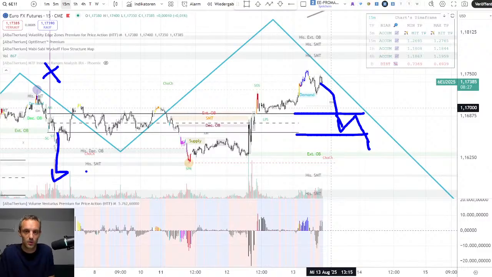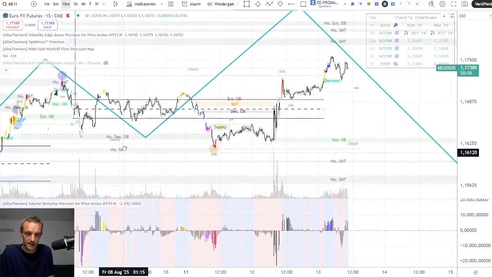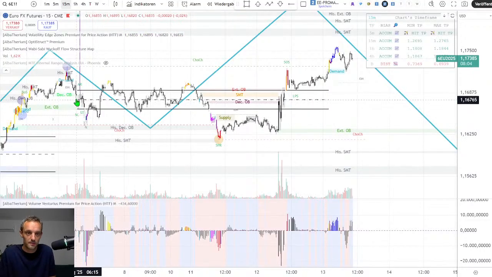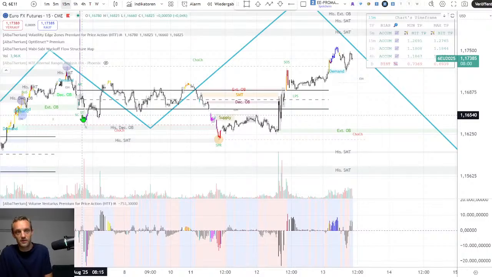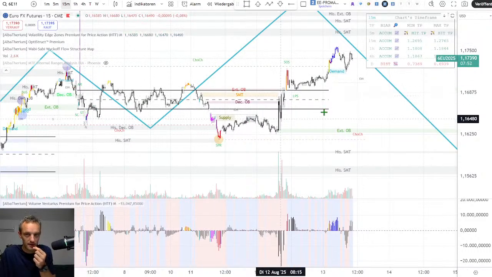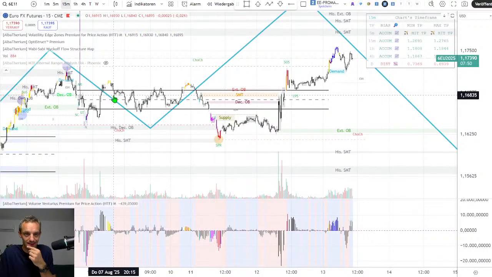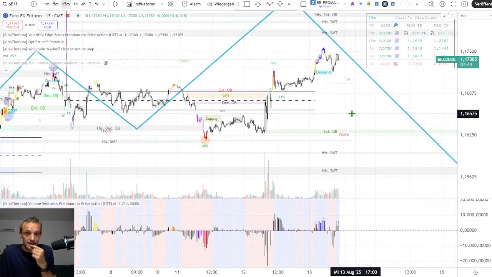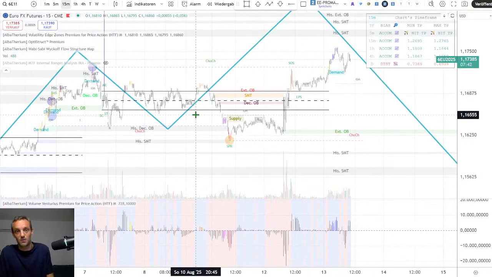And this is what the team is currently working on: the second version of the Wyckoff Flow Structure map, where we combine this even more with volume ventures and have a fixed target right at the beginning. So from my point of view, we are here in a distribution phase, even though it is showing accumulation here. I don't think this is an accumulation phase.